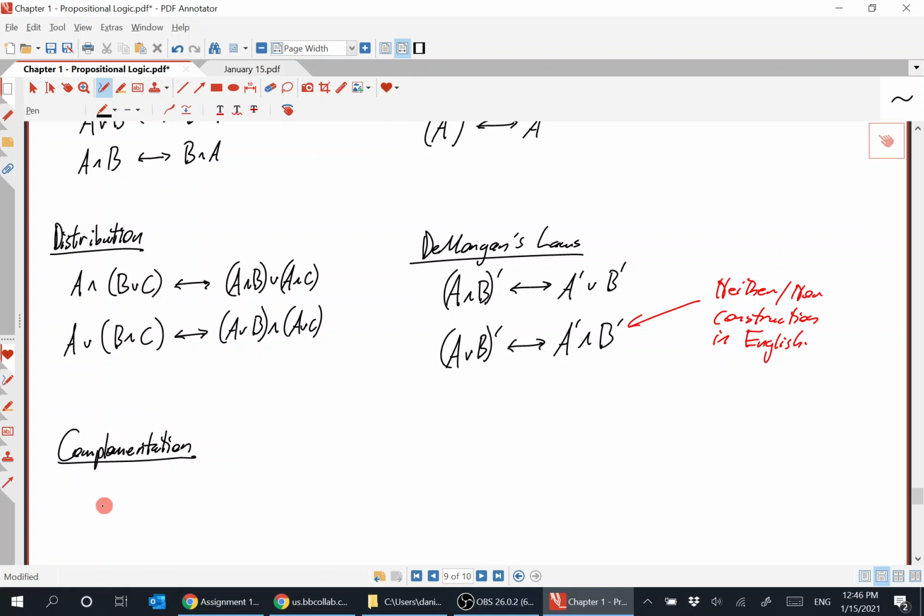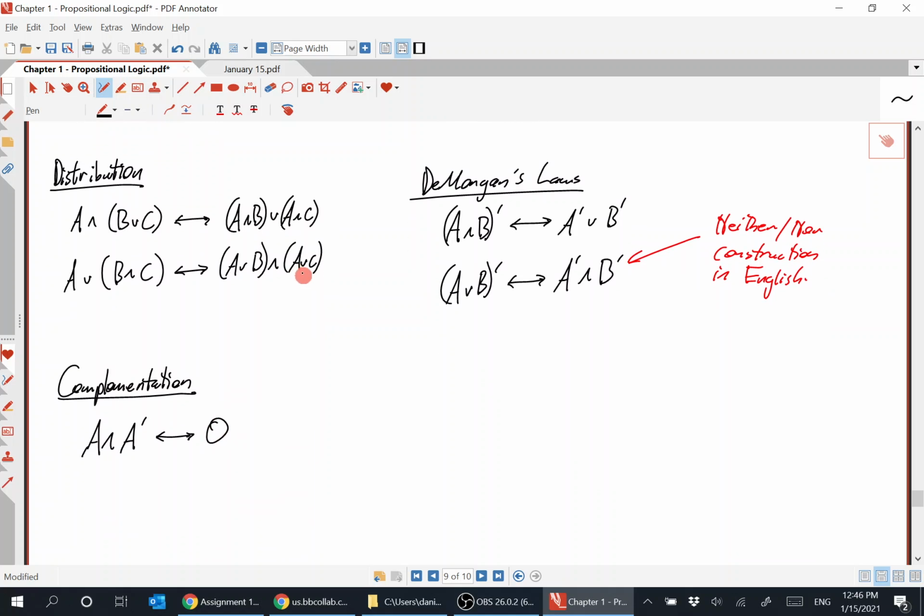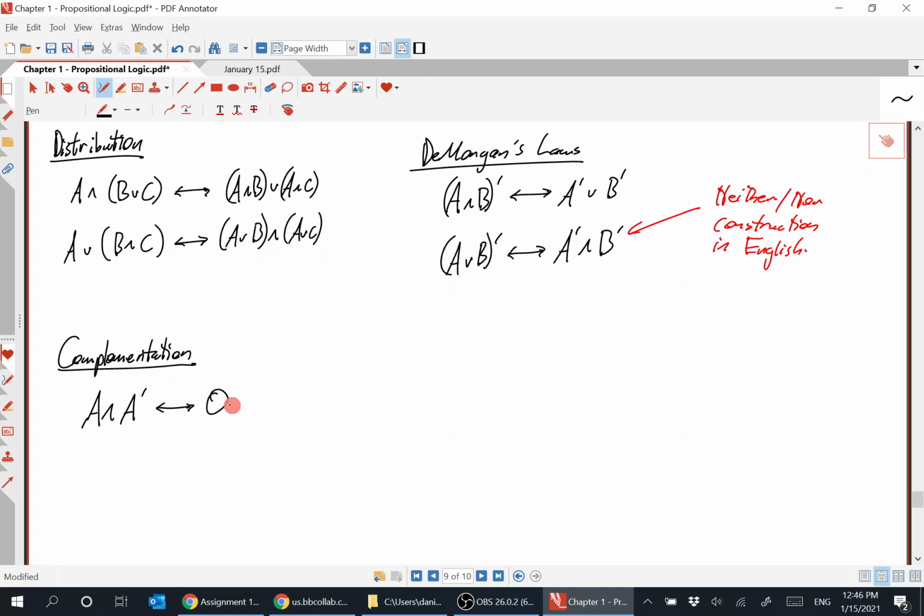Complementation is the following. A and not A is logically equivalent to 0, where 0 means something that's false, and 1 means true.